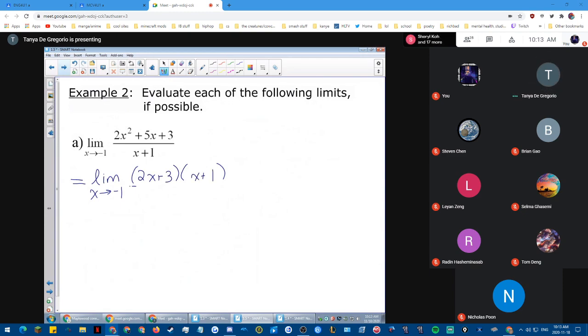Okay. And now, we cancel. We know there's a hole in this function if we had to graph it. And now we just sub in.